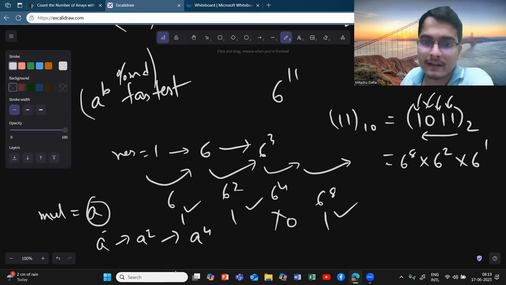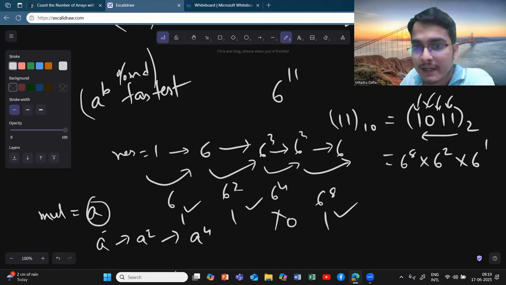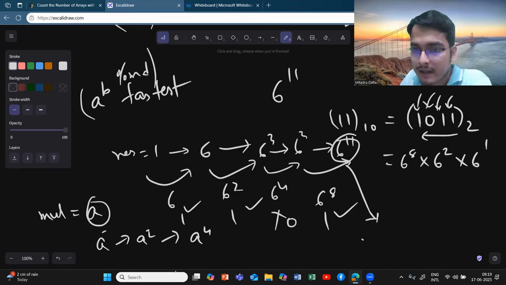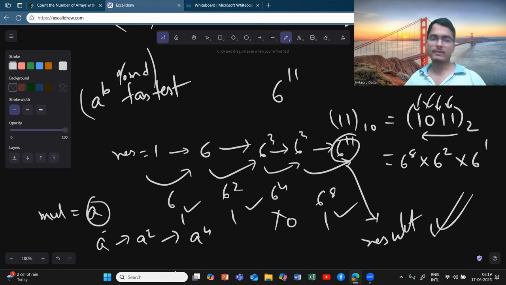You see here the 6 power 3 remains 6 power 3. I will not multiply it because the bit is low. Now again the bit is high, I will multiply it with 6 power 8 and I will get 6 power 11. So this is how I get my result in binary exponentiation. I will explain the code also in great detail.